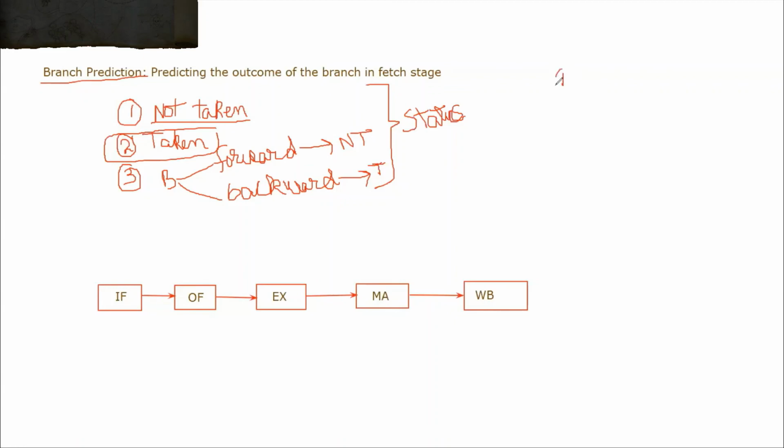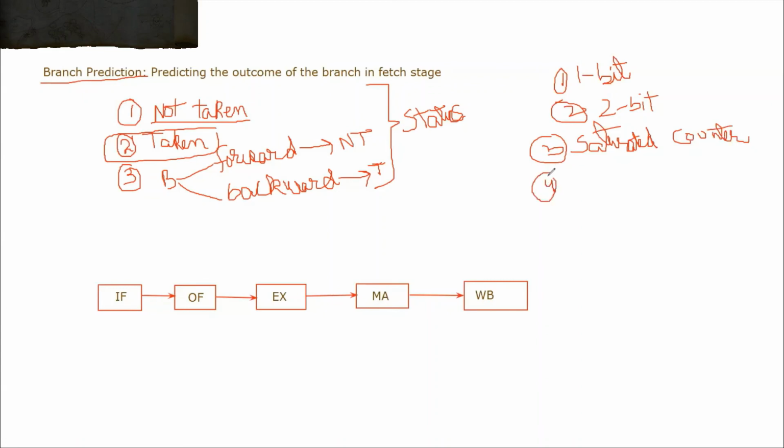For example, there are 1-bit predictors, there are 2-bit predictors, and the third is the saturating counter based predictor. The fourth is the global predictor.